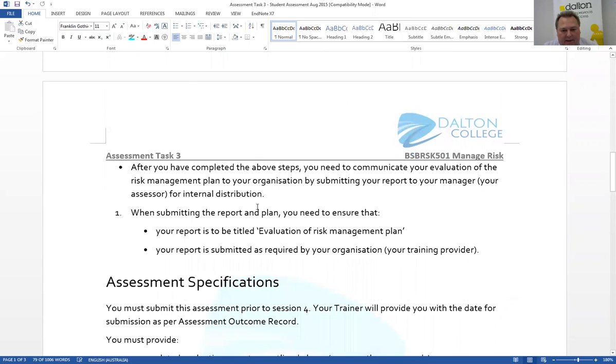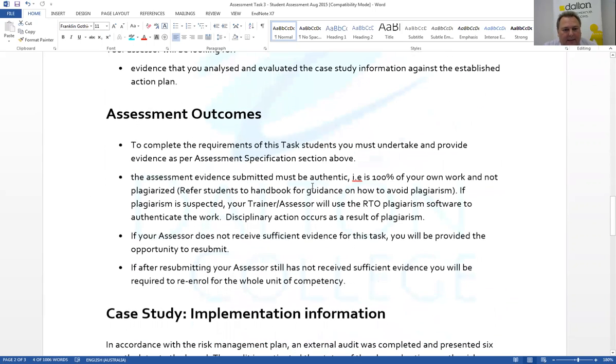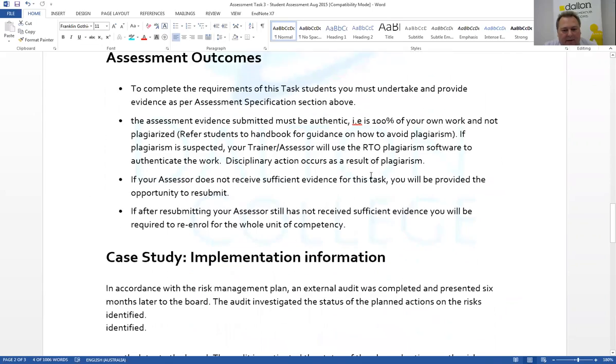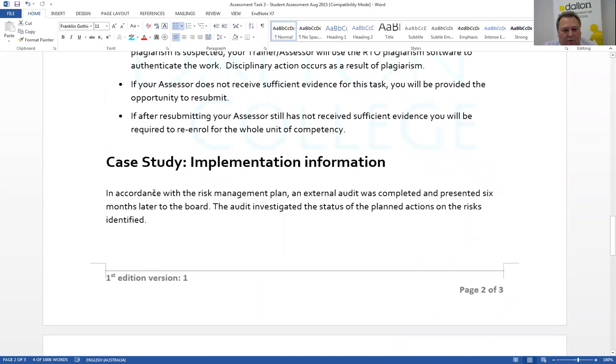We've gone through and made the appropriate heading, title, evaluation, risk management, and that was accompanied by information derived from our case study, which is introduced into our table.